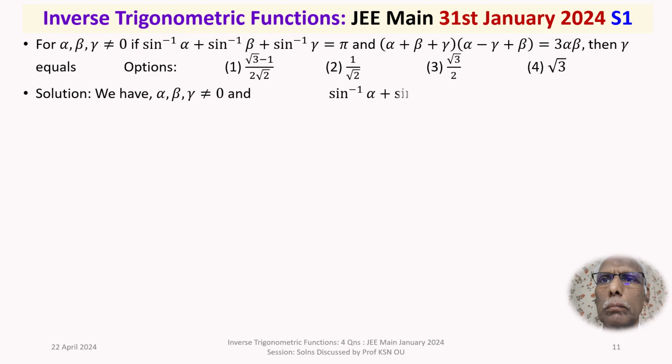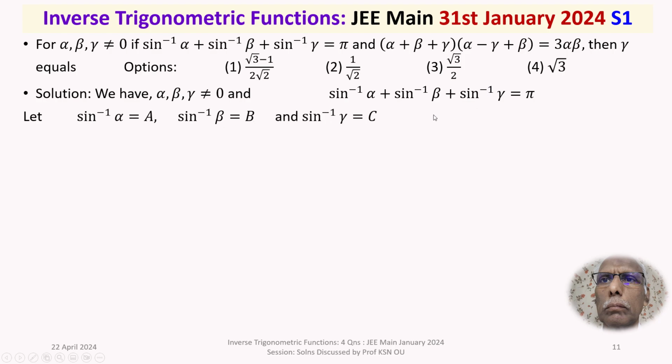We have alpha beta gamma not equal to 0. And we are given sine inverse alpha plus sine inverse beta plus sine inverse gamma is equal to pi. Let sine inverse alpha is equal to A. Similarly, sine inverse beta is equal to B. Sine inverse gamma is equal to C. And thereby, this equation will become A plus B plus C is equal to pi.